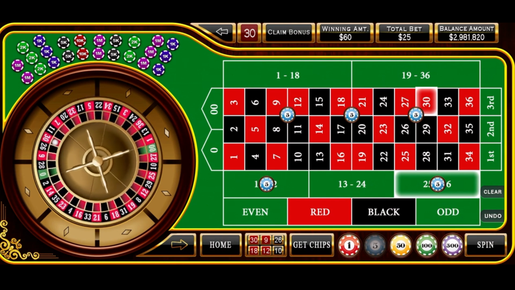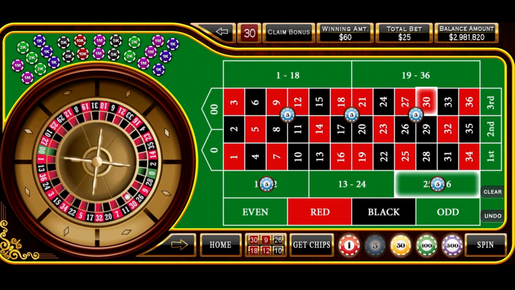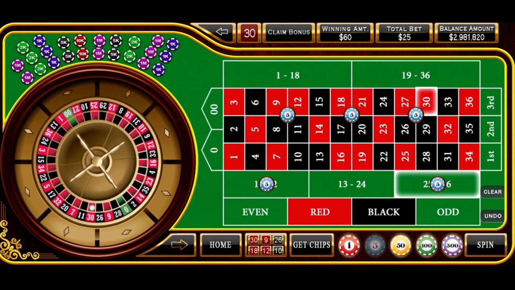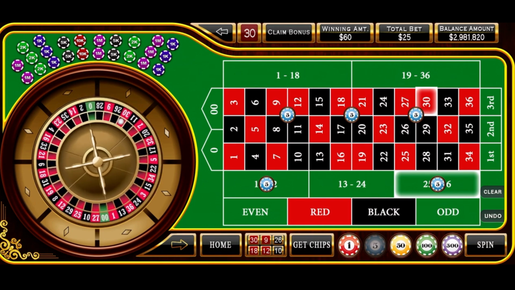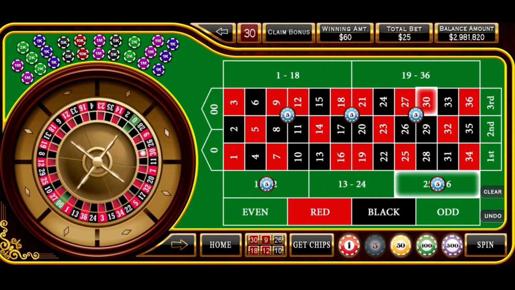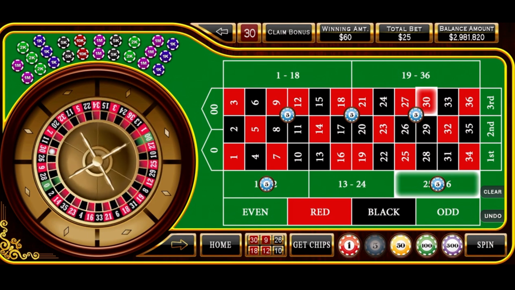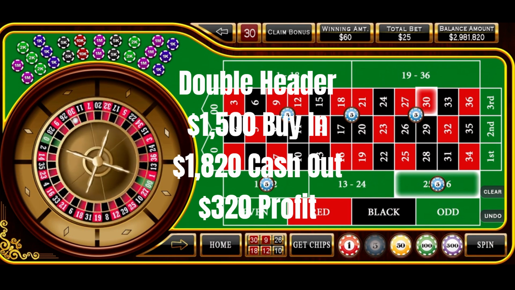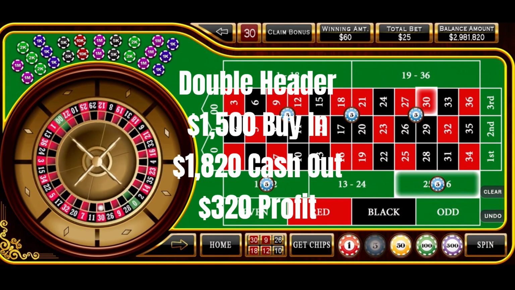And after that, it was pretty smooth sailing. We got on a hot streak here to end the session and made quite a bit of money pretty quickly. We started off with a $1,500 buy-in, and we ended at $1,820, so that's a $320 profit using the double header roulette strategy.